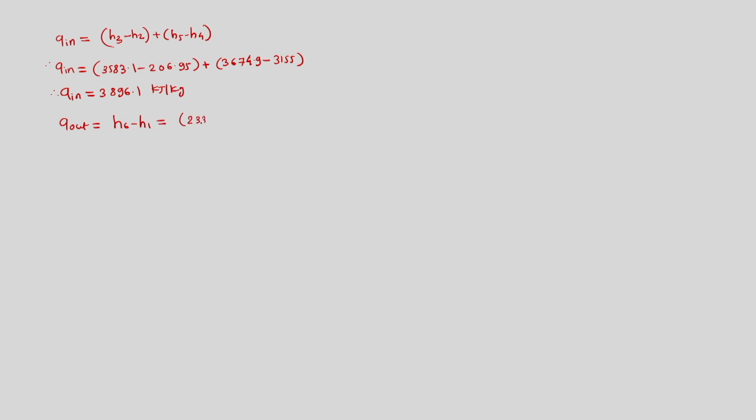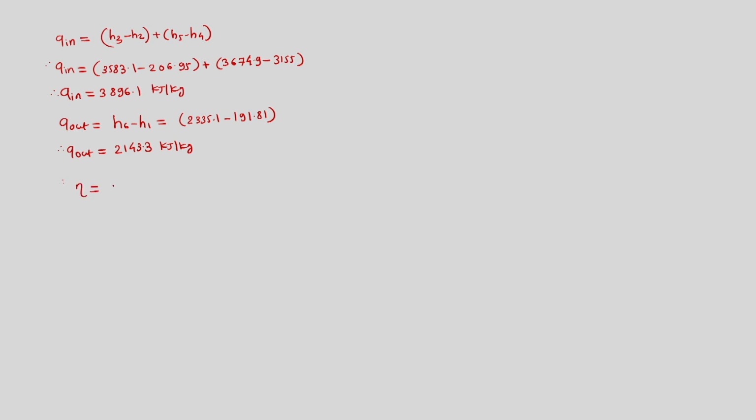Similarly, we can find out Q out, and Q out is H6 minus H1. H6 is 2335.1 minus 191.81. So we have Q out equal to 2143.3 kilojoule per kg.